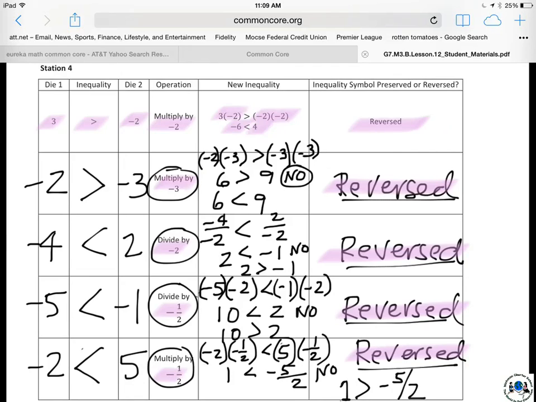This first one, negative 2 is greater than negative 3, but when multiplied by another negative 3, 6 is actually less than 9. Reverse.